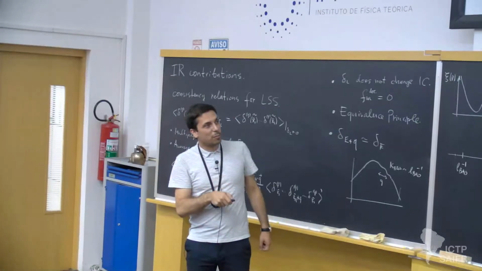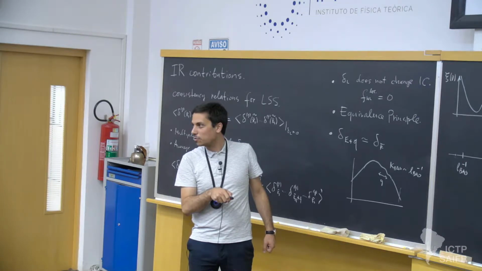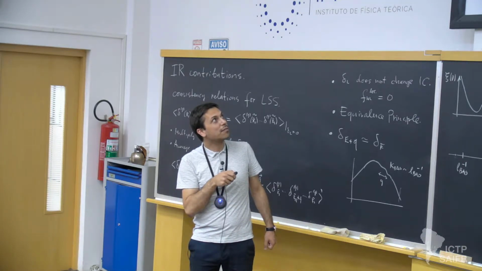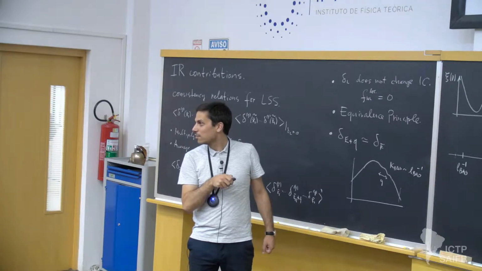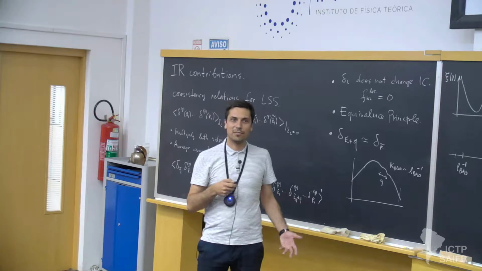And now, if you apply the formula derived here, acting only on the wiggle part of the linear power spectrum, you get the blue curve. So you see, there is some broadening, but it is not enough.